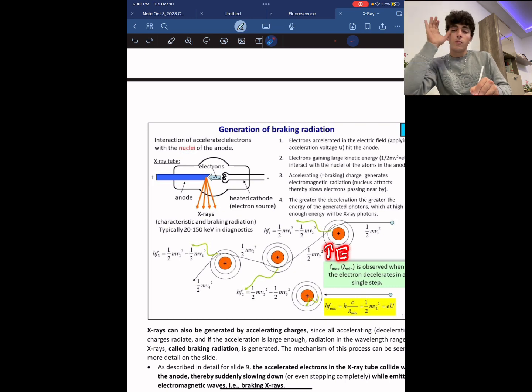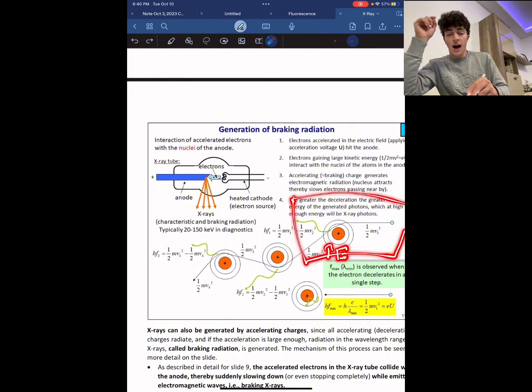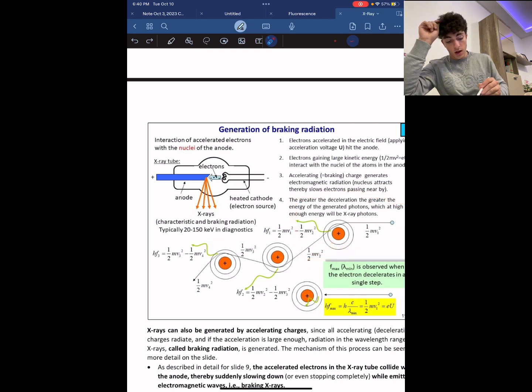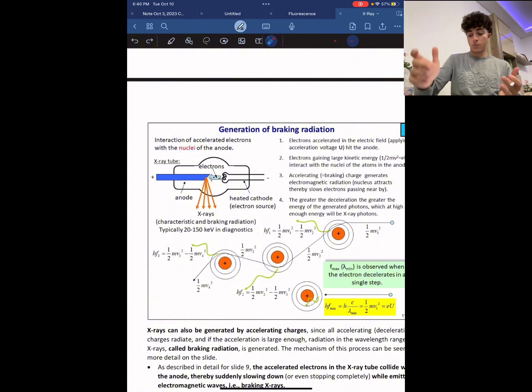And if we can theoretically decelerate or slow this down, or do this braking radiation, all in only one step, it would be the highest at this step, right? And that's how you calculate it. So h f max equals h c over lambda min, which you know, or the kinetic energy formula. Very simple.